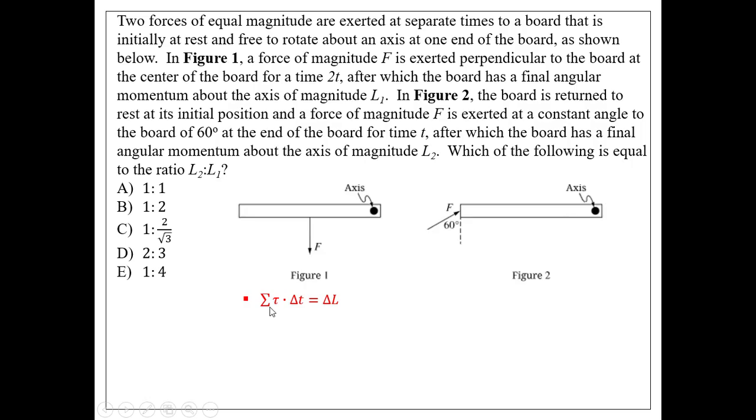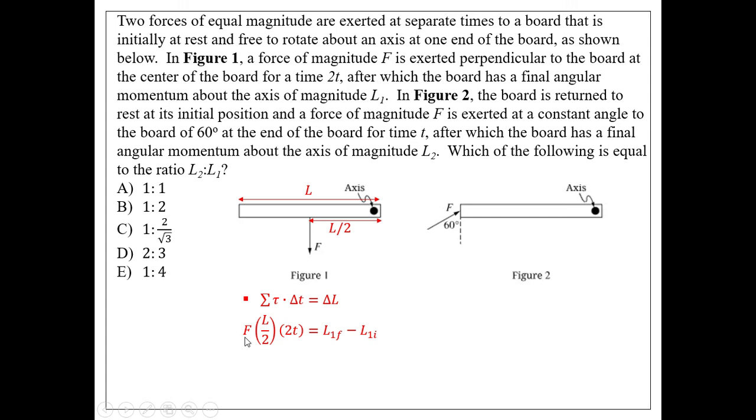To do torque, you need force and R. Here, your force is being applied at the center. I don't know what R is, so I'm going to call the length of the board L. I don't need L though, because the force is applied at the midpoint, so the segment from the axis of rotation to where the force is applied is just half the length of the board, L over 2. So I can plug these values in. Net torque is force times R.